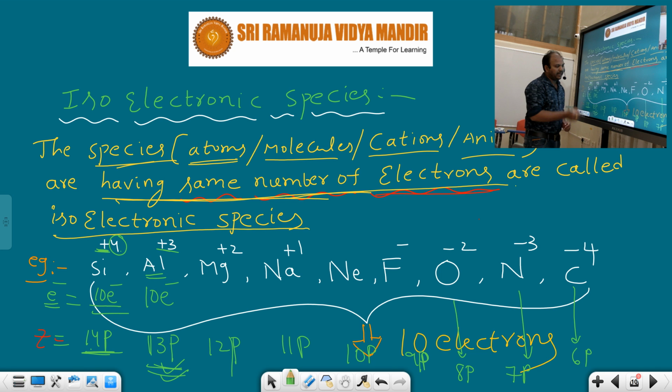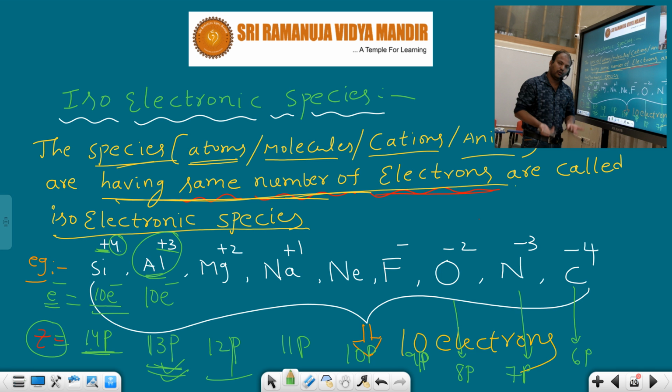After that, magnesium atomic number is 12. The same number of protons, the same number of electrons are present in it. The difference is, protons are present inside the nucleus, electrons revolve around the nucleus. We know that. So magnesium atomic number 12, that's why 12 protons. So we expected 12 electrons.